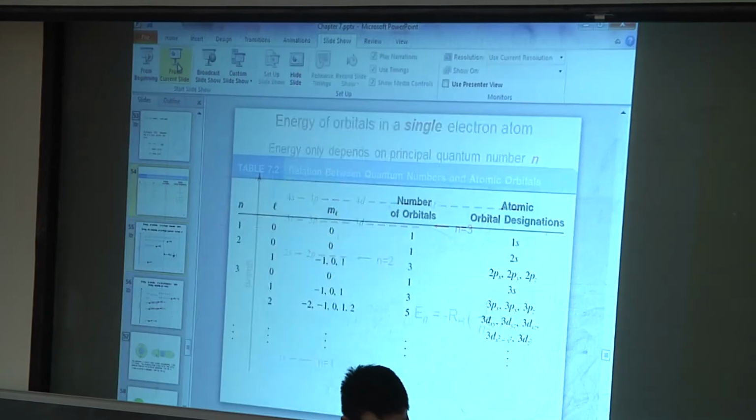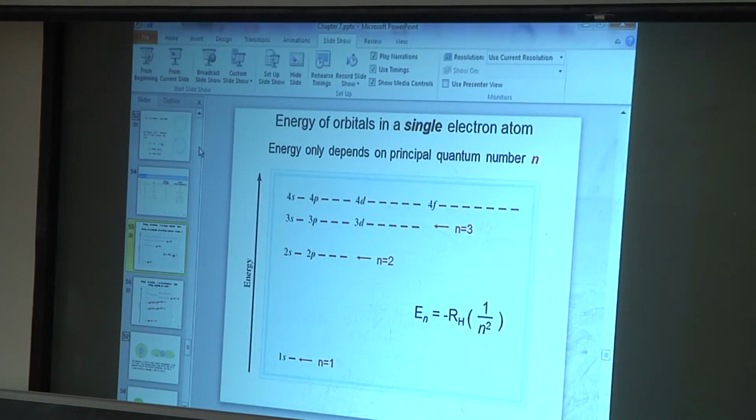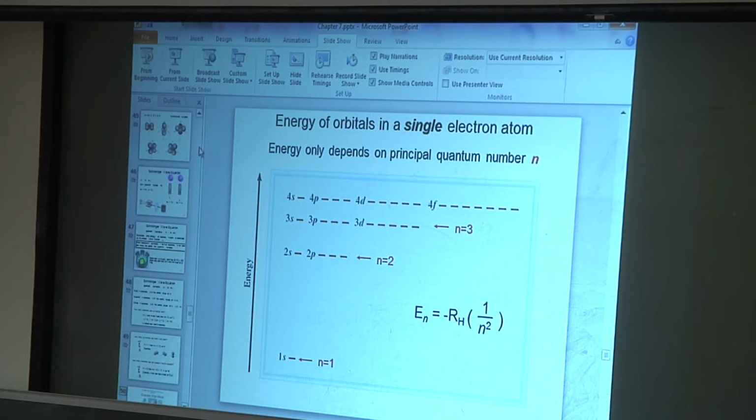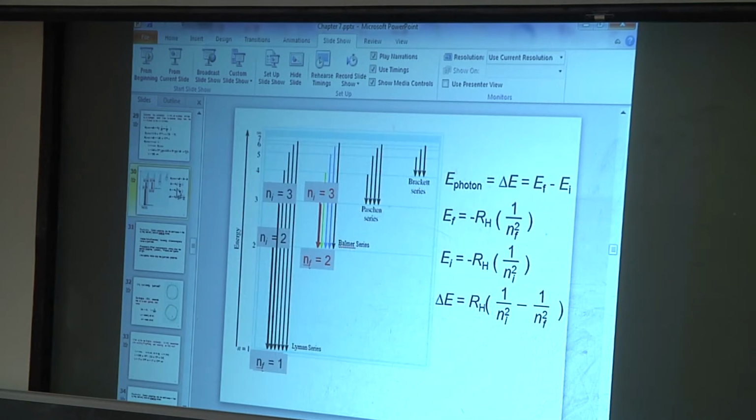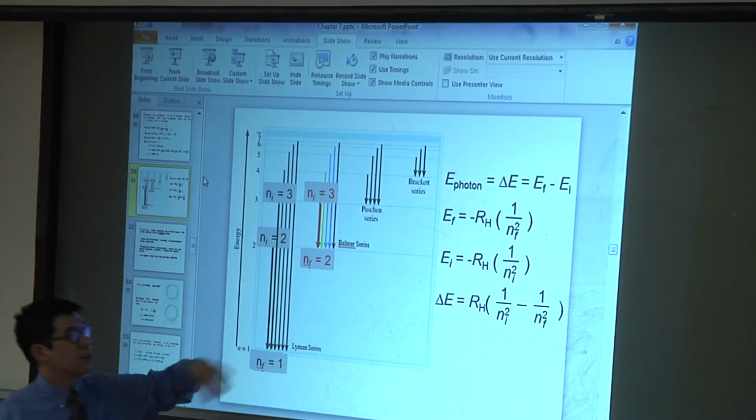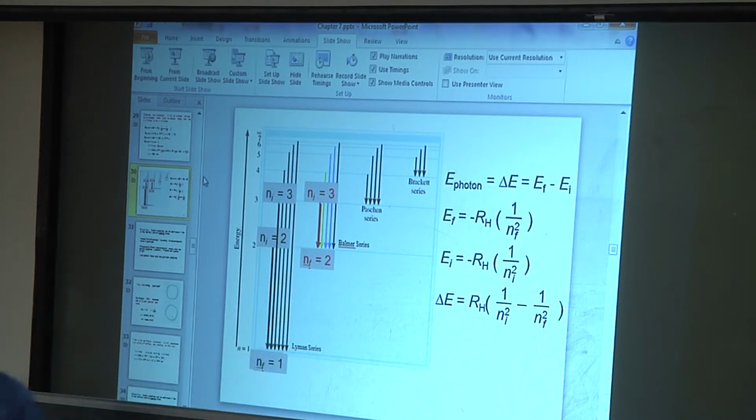I'll just jump back real quick to the Bohr atom. Right, this refers to the electronic transitions, right?